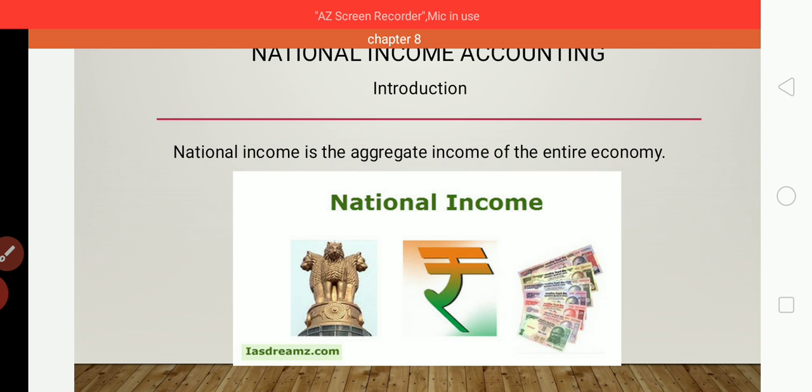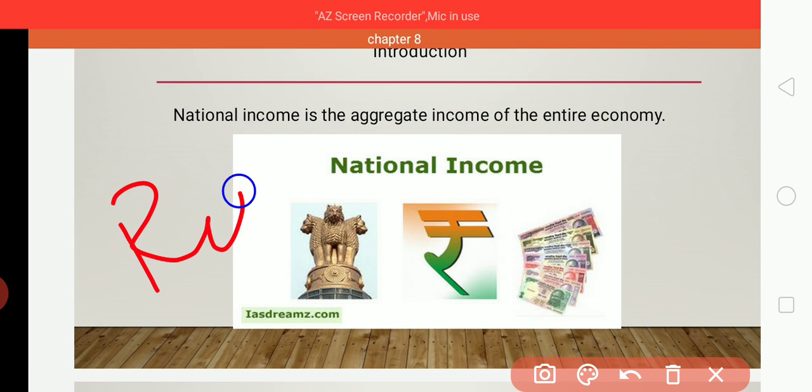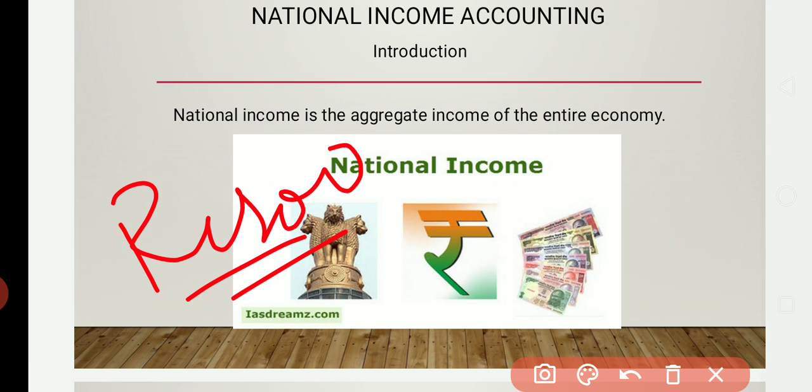And here it talks about resources as the most important consideration. Only with the help of the resources can the national income be generated. So we give a lot of priority to the resources, which have to be transformed through a production process.